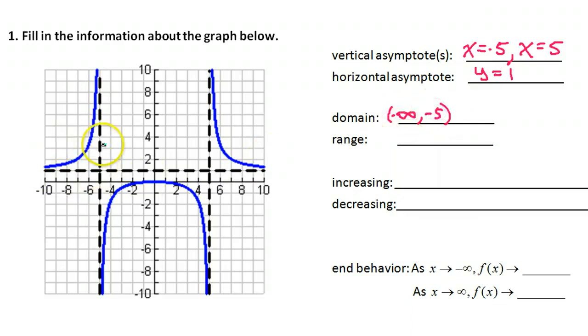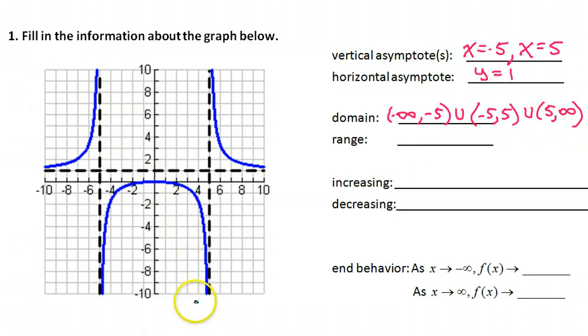We'll leave it round because you can't include the asymptote. And then union, and we'll pick up from here and do -5 to +5. That captures this middle part. And then to capture the x values of this last part, we'll pick up from +5 and say union +5 to infinity. So there's your domain.